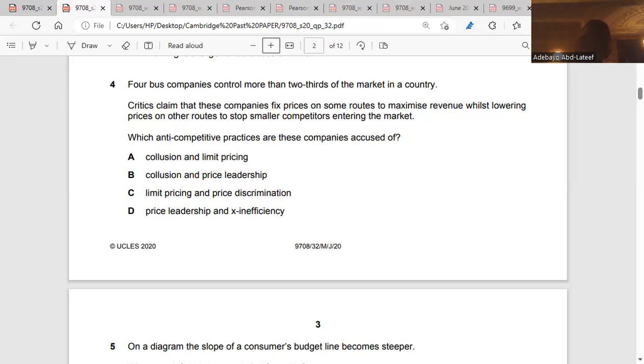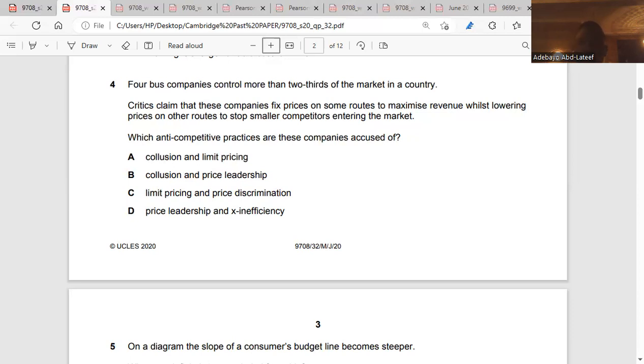The word collusion brings about agreeing to fix a price. It's not agreeing to have the same price. We agree to fix this price. It's fixing. Do you understand? They agree to fix the price. That is collusion. They agree to produce the same unit. That is collusion. But what happens afterward?